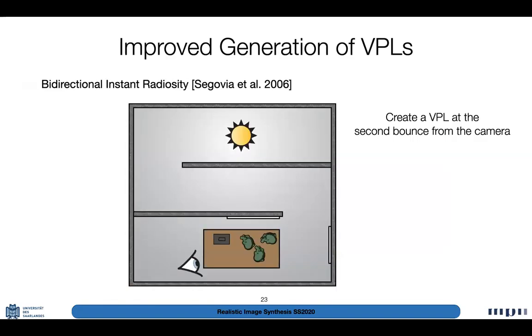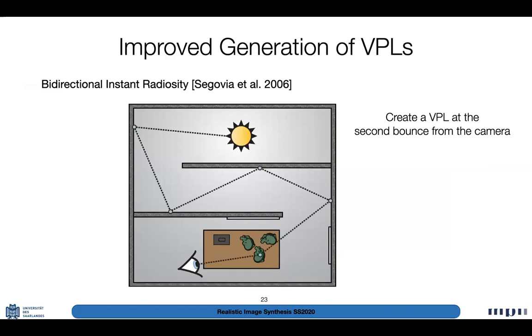All right. The next algorithm, which I would say is more robust than the rejection approach, is bidirectional instant radiosity by Segovia and colleagues. Their idea was rather simple.